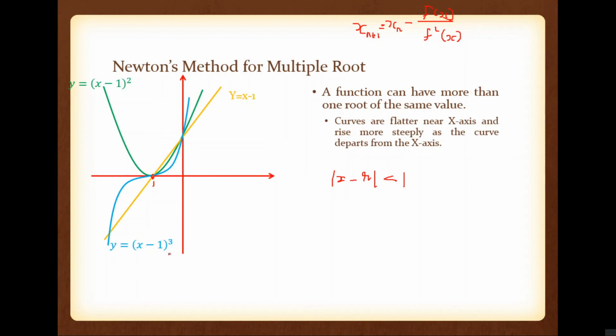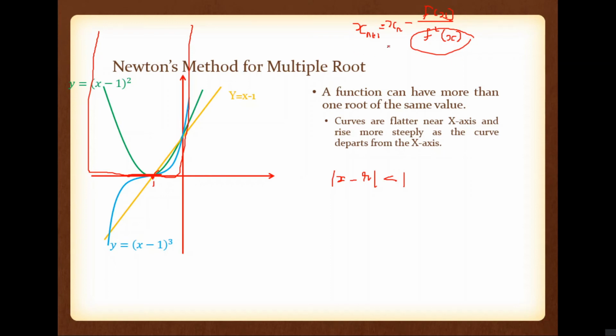The slope of x minus 1 all cube is less than x minus 1 square, which is less than x minus 1. If you have x minus 1 all raised to 4, the slope will decrease again. If you have x minus 1 all raised to 100, the function will be like a pulse signal. Very near to the root, the slope is almost 0, so the denominator is almost 0, and this term will become infinity.